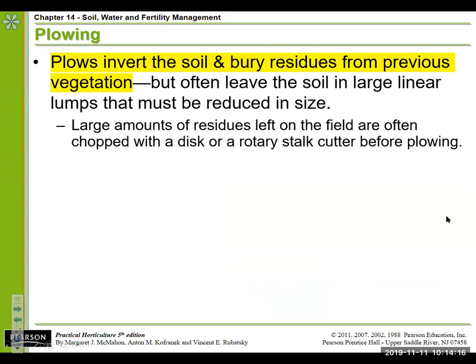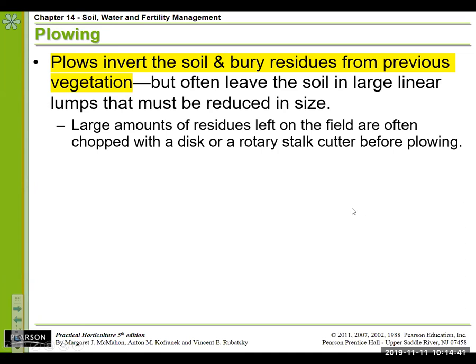So we look at working the soil first as plowing. In plowing, we're using a mechanical implement to invert the soil, turning the topsoil upside down, basically, which is also burying residues from previous vegetation and could be removing weeds.